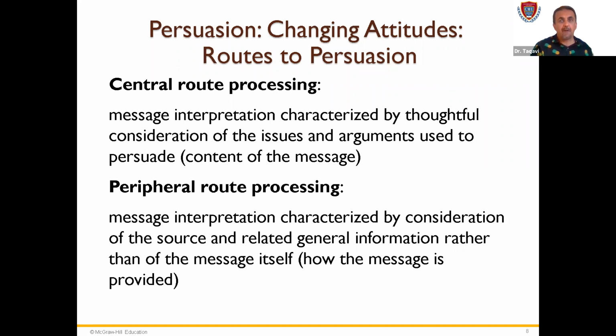And in peripheral route processing, we are talking about how the message is provided, about the route, the pathway of the message. We are talking about the channel of the message, not about the sender, not about the receiver, not about the content. We are talking about the form of the message. It is something like movies.